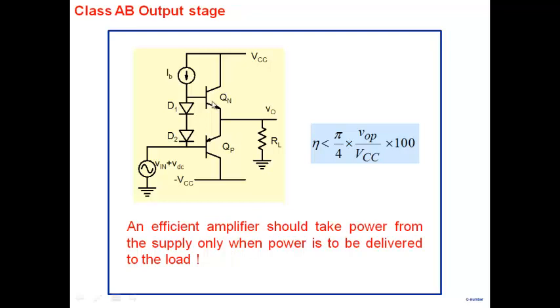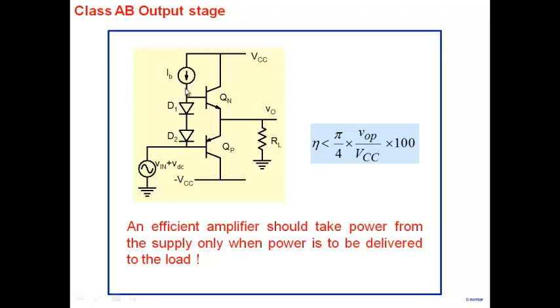And starting from that, we built the common base, class B, and we added the diodes to keep these transistors at the edge of conduction, and then we get an amplifier which is reasonably efficient. This is an upper limit. This kind of efficiency you get only for class B. But in class AB, you allow some current to flow here, so efficiency does not reach this particular value, and it's a little lower than that.